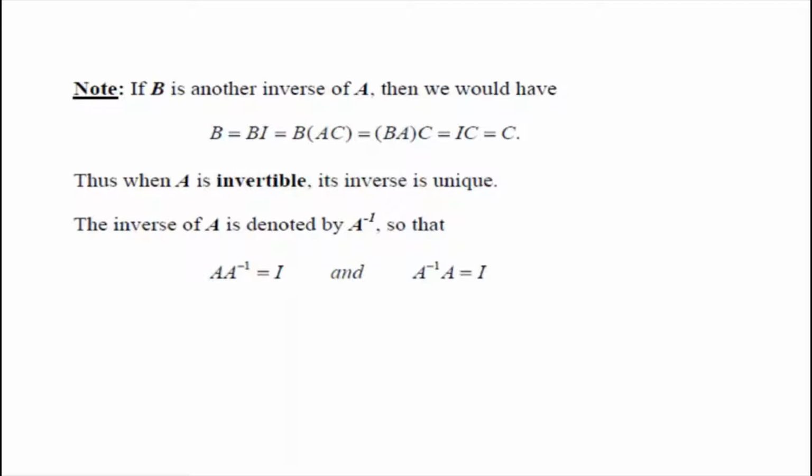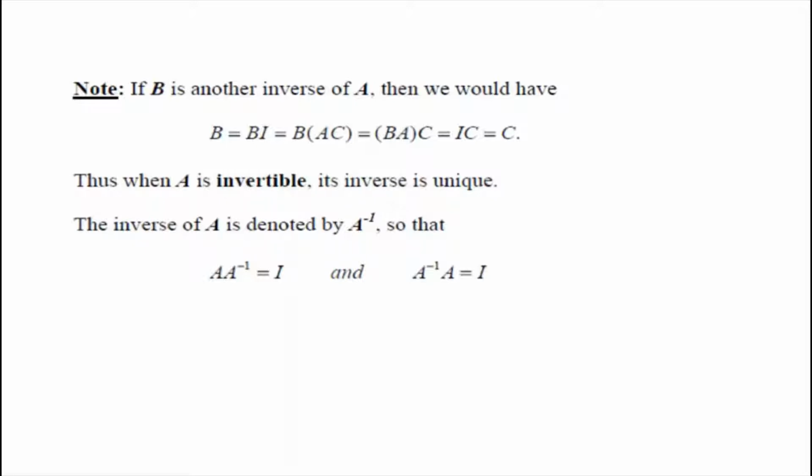It can be written as BAC. Again, BA is equal to I because B is the inverse of A, which we have supposed, and the product of identity with C matrix results in C. We conclude that B and C are equal. Thus, when A is invertible, its inverse is always unique.